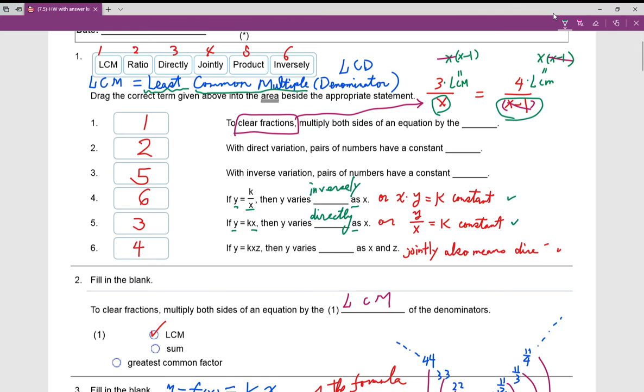Now, if you have more than x and y, you have g. And it looks like they all vary directly, right? When they all vary directly, we say varies jointly. So when you see varies jointly, it means directly.